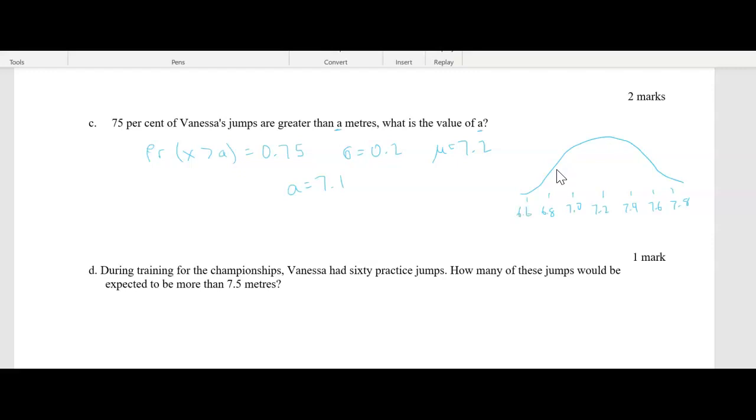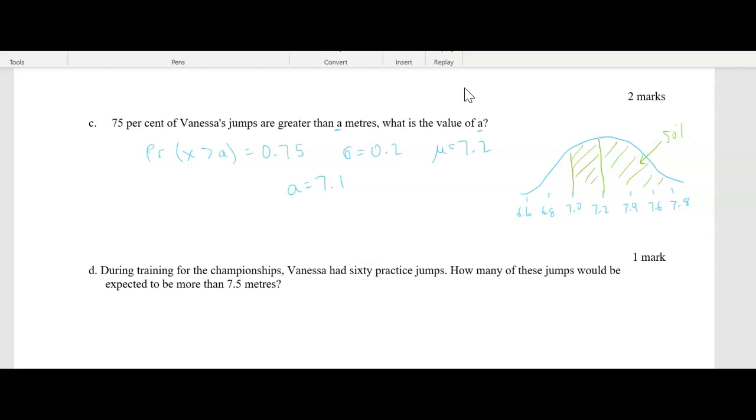If we wanted to have 75%, remember if I was to split that in half, then this would be 50%. So you would obviously expect something below 7.2. Now, if I include this section here, see how it's quite a large area?